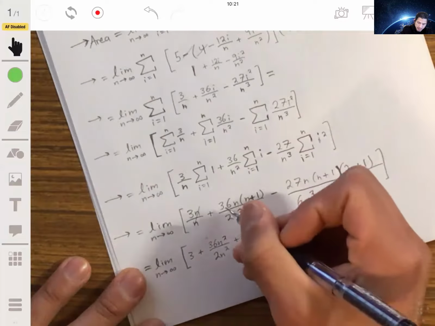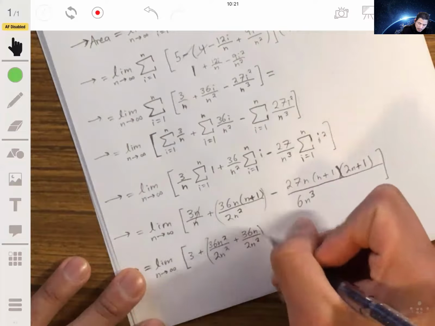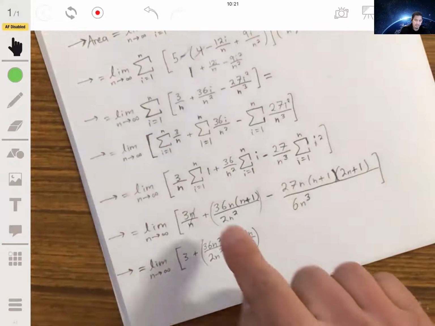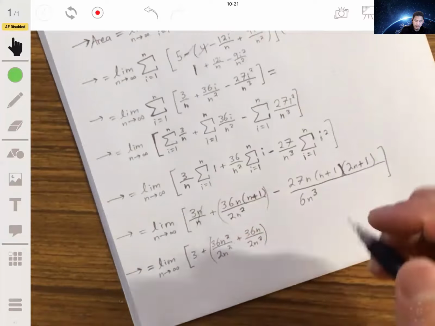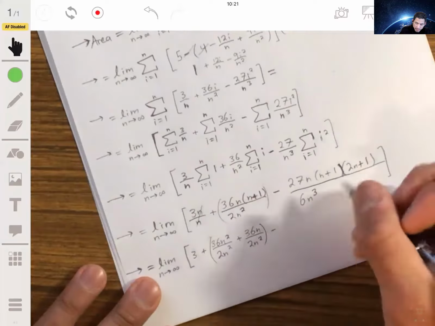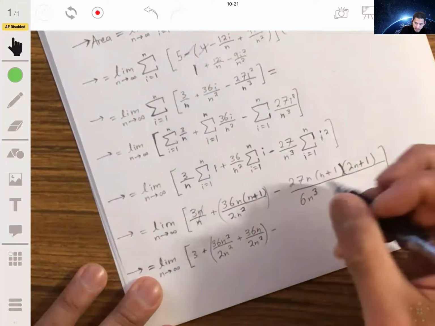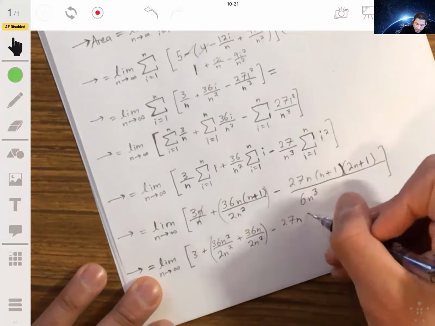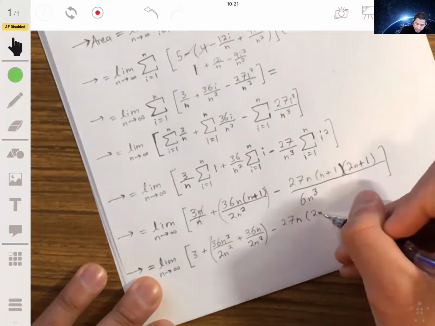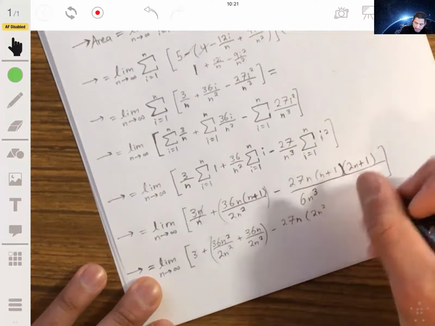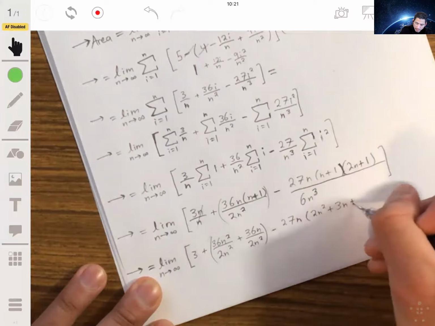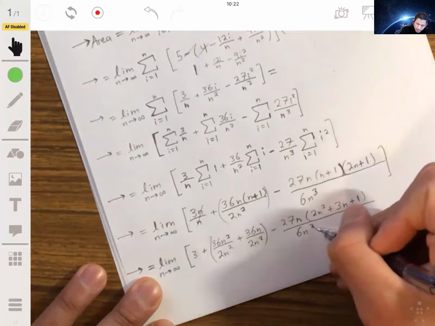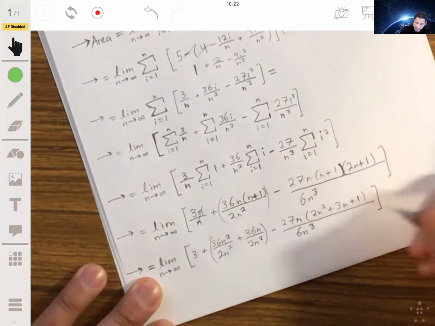So that's what this part will be. The parentheses actually don't matter because you're adding anyways. I just like breaking it up now into two separate terms. And here we'll distribute across. Yes, we're gonna need another step here. So 2n squared plus n plus 3n plus 1 all over 6n cubed.